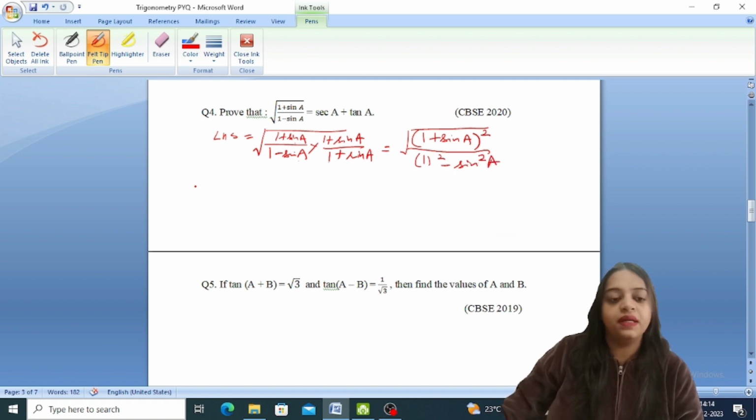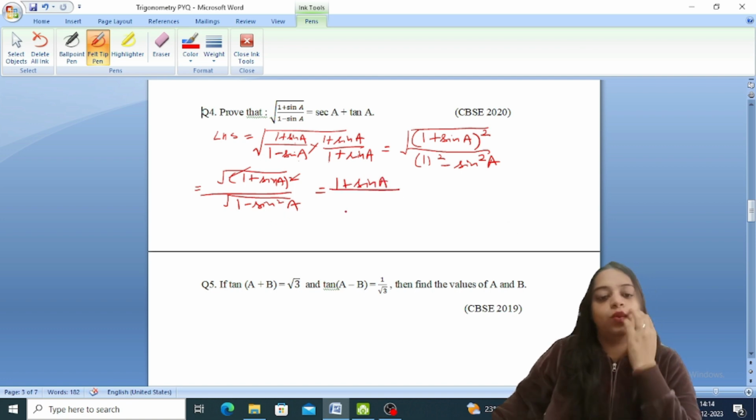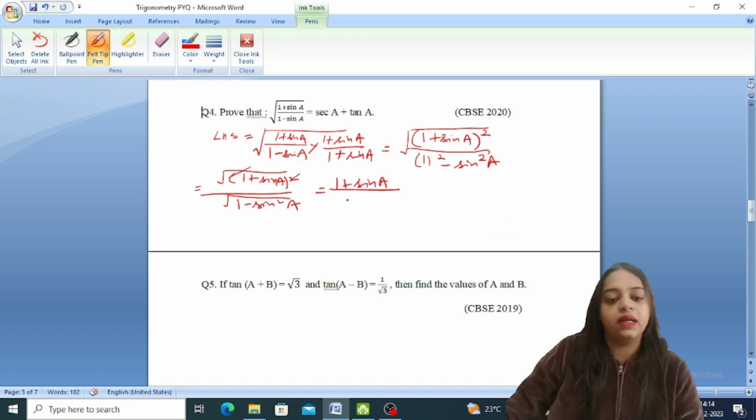Now I am separating the root over numerator and denominator. So it will be under the root 1 plus sine a whole square upon under the root 1 minus sine square a. This root cancels with this square, leaving only 1 plus sine a in the numerator, and in the denominator, 1 minus sine square a can be written as cos square a under the root.